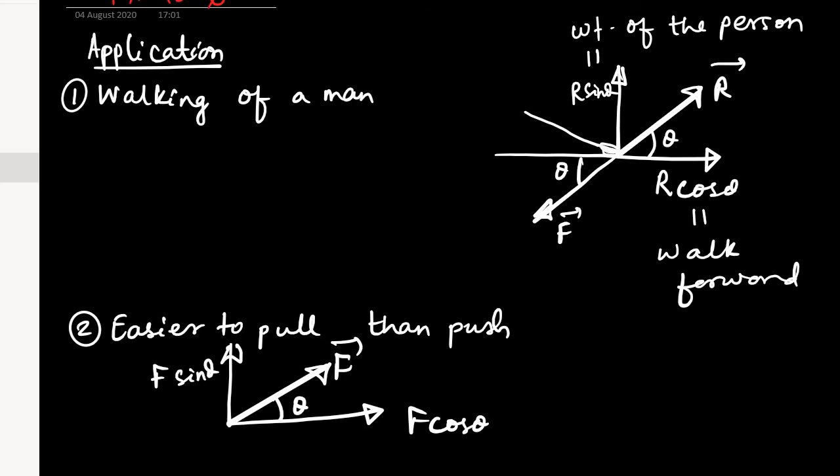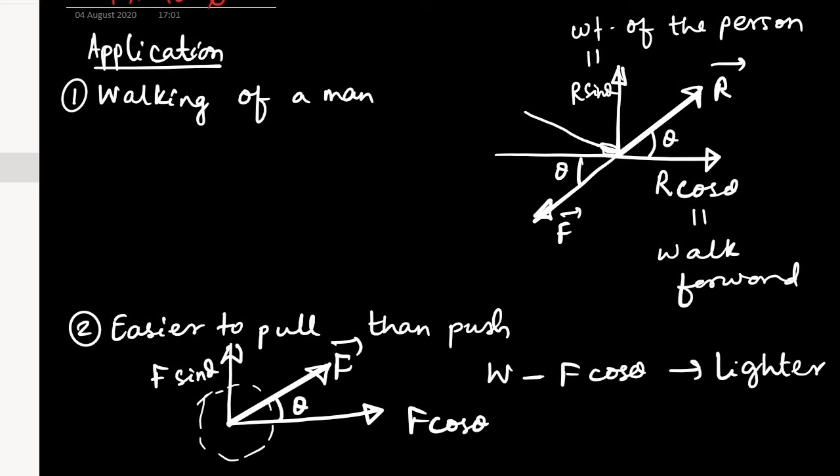What will happen is that in pulling, the effective weight of the roller will come down from W. This is the weight of the object. We applied the pulling force, so F sin theta will be subtracted from the weight itself, making it lighter and also easier to move forward.